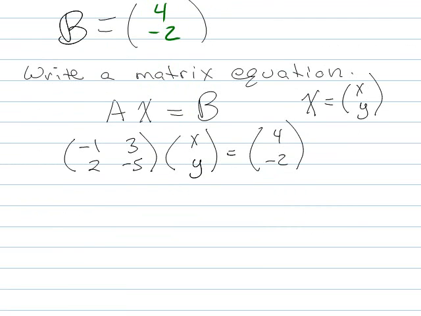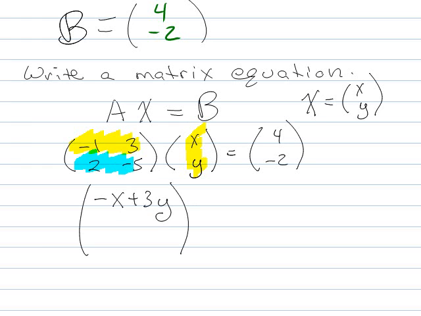You've seen this once, so maybe you don't exactly remember what we're doing, but we're going to take this row times this column. So -1 times x, 3 times y. So that's the first element. And then we're going to do this row times this column, 2 times x, and then -5 times y.